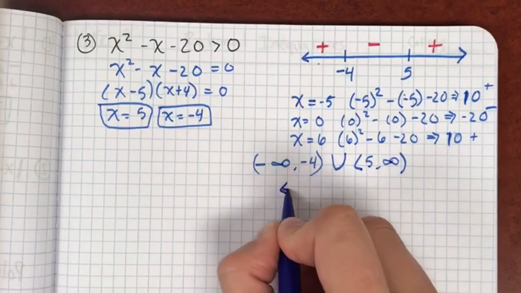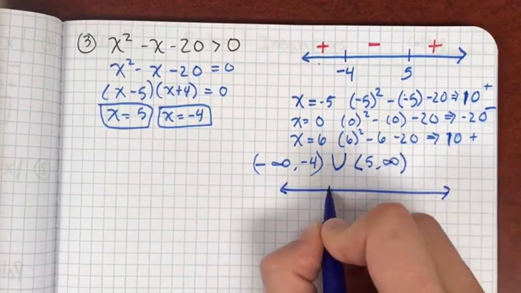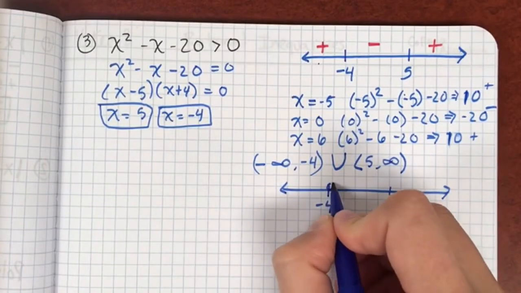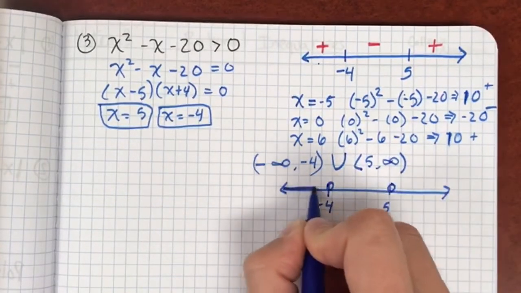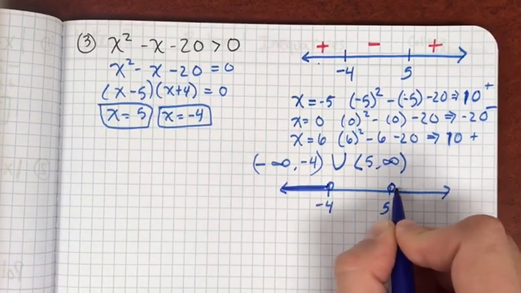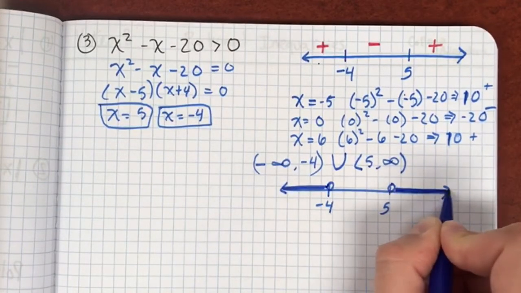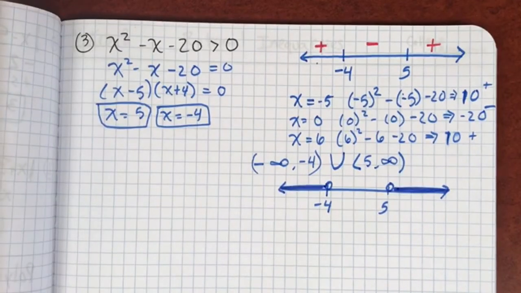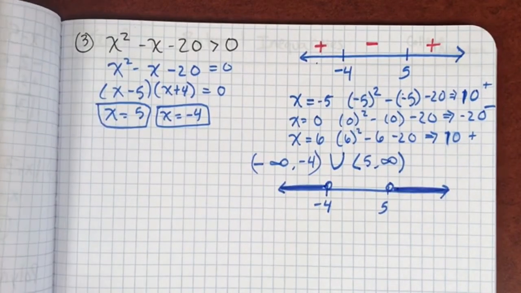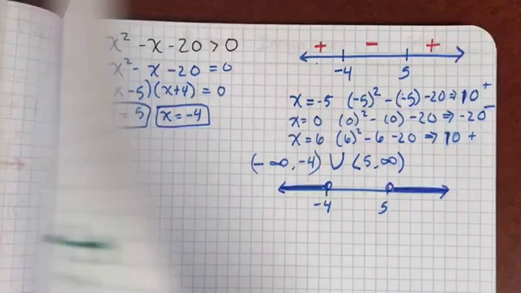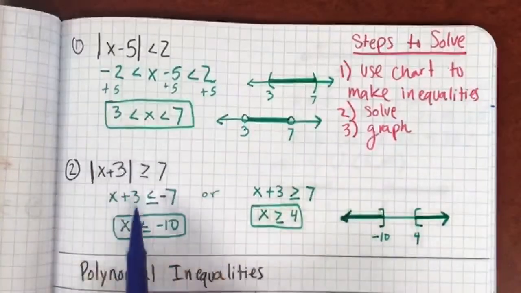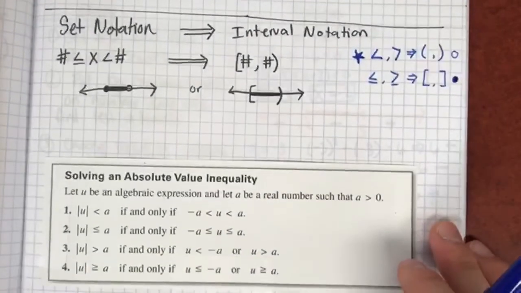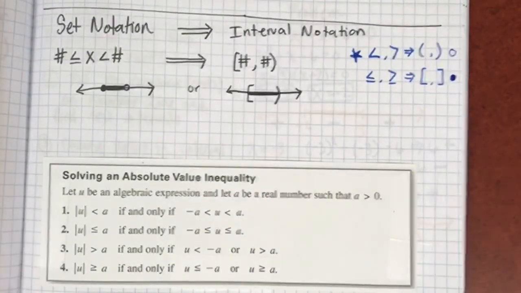Okay, and on our graph, we've got open circles, and we are coloring the ends. Okay, and that would be our solution set. So here we've gone over inequalities with polynomials, absolute value inequalities, and again, these rules will help you solve those.